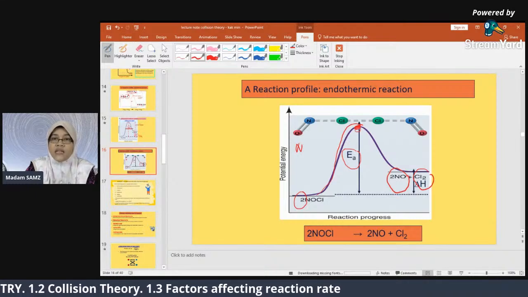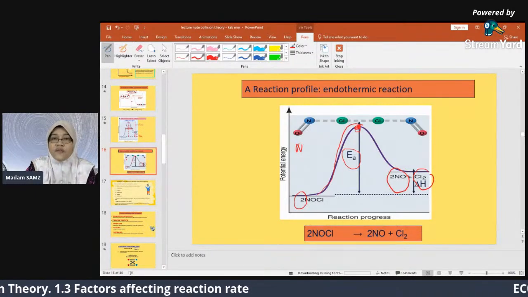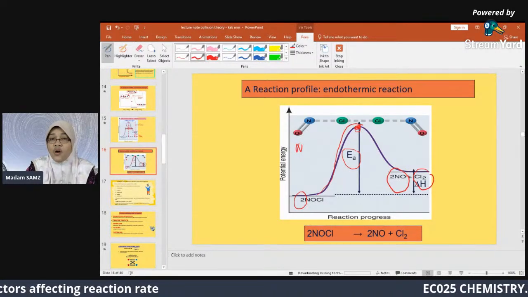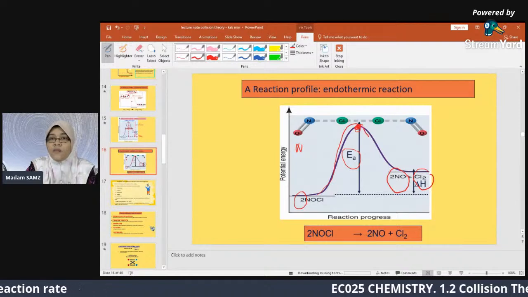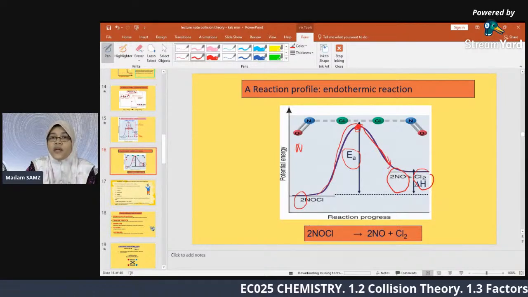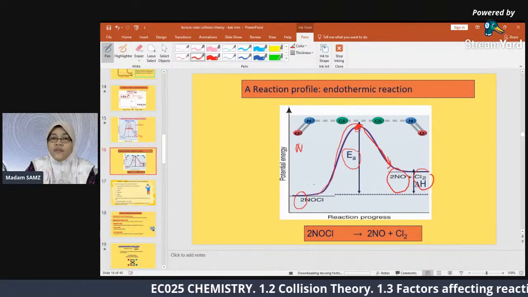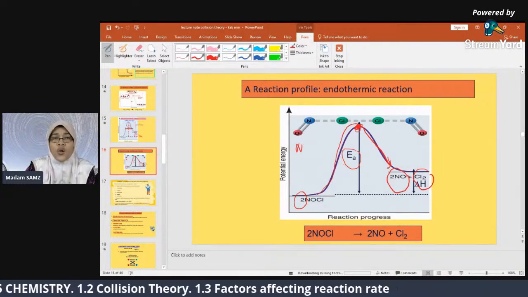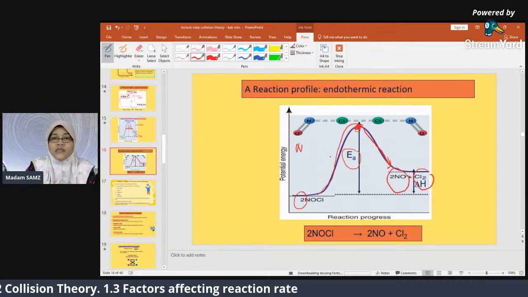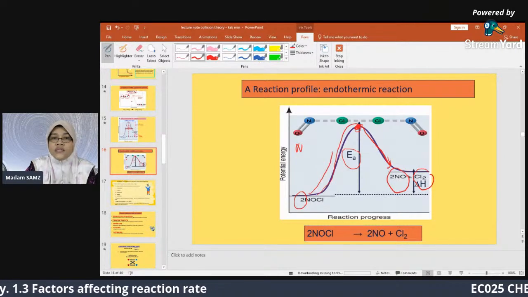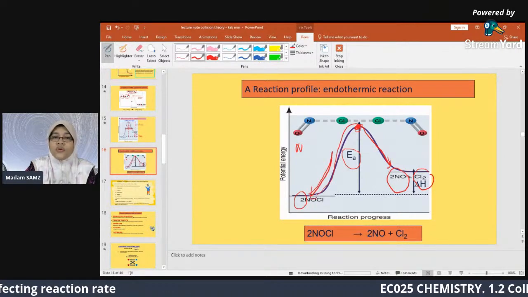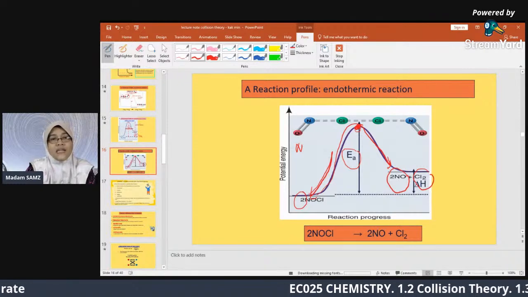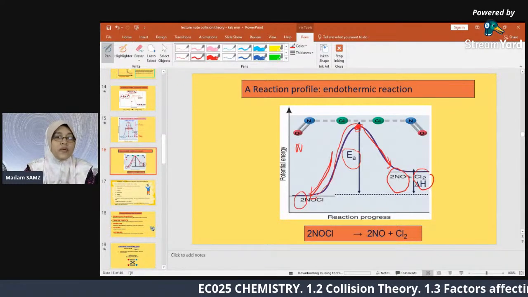If this activated complex collides with correct orientation, it will form a product. But if these reactants collide and don't have enough energy, lower than Ea, what happens? All these reactants fall back to reform the reactant, and the colliding process keeps repeating.